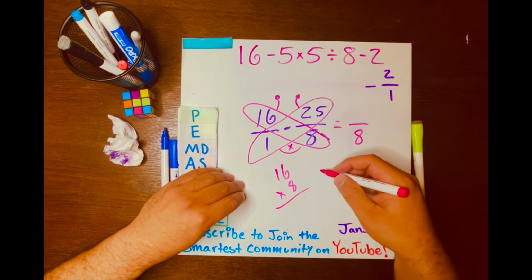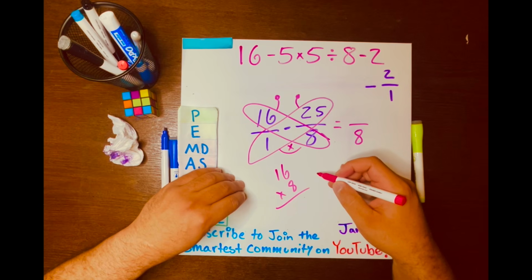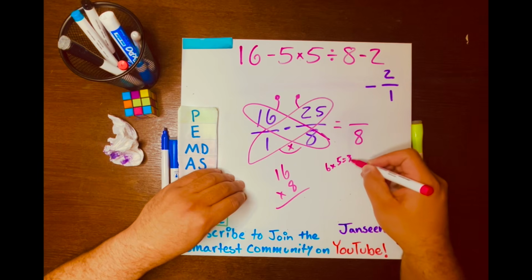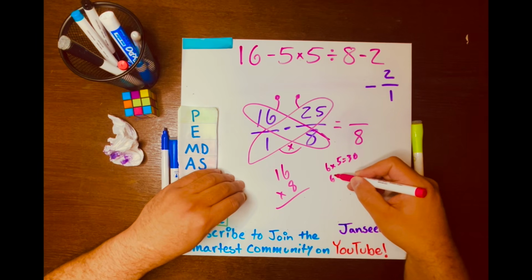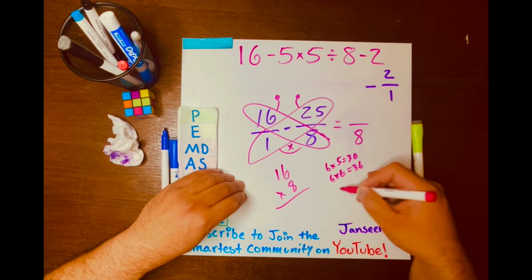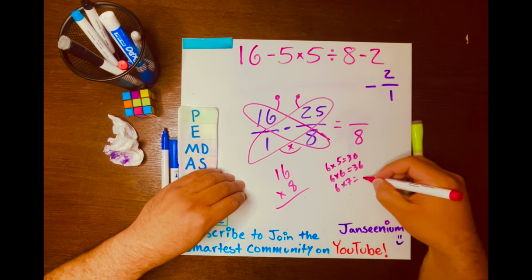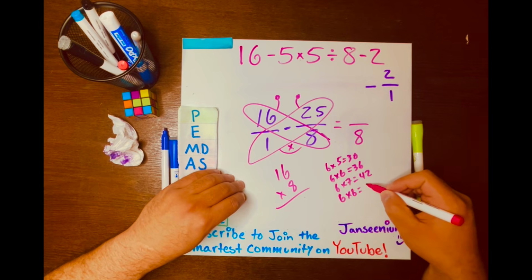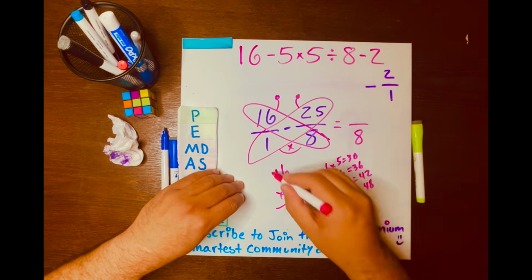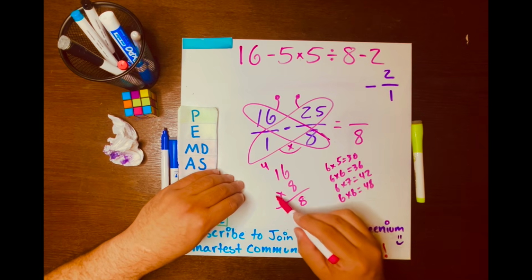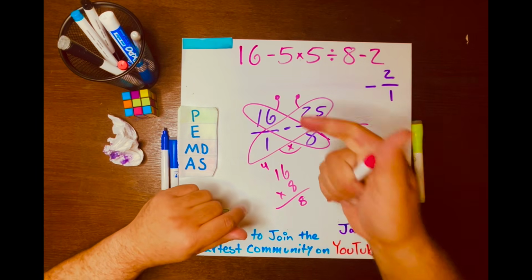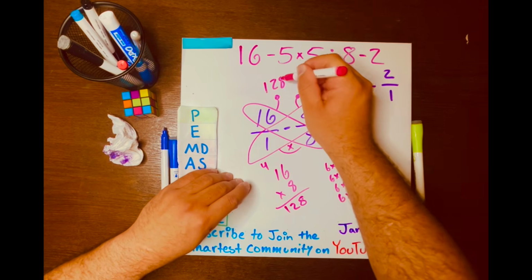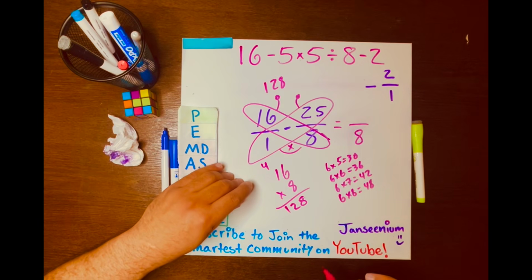I know that 6 times 5 is 30. 6 times 6 is 36. 6 times 7 is 42. 6 times 8 is 48. So it's 48. And 8 times 1 is 8 plus 4, that's 12. And I'll write 128 above the left antenna.